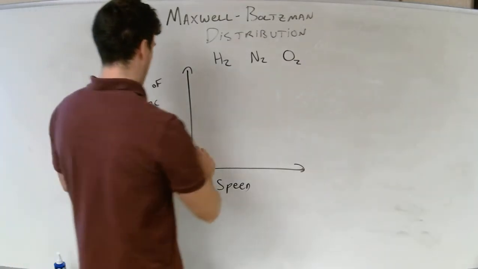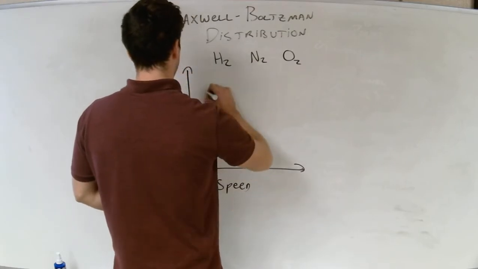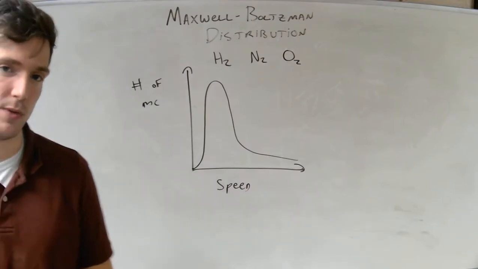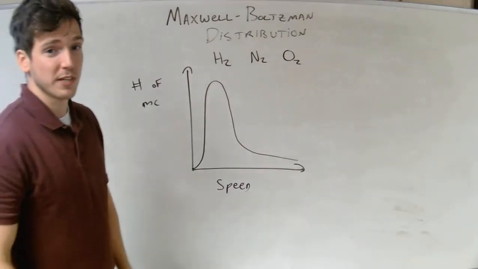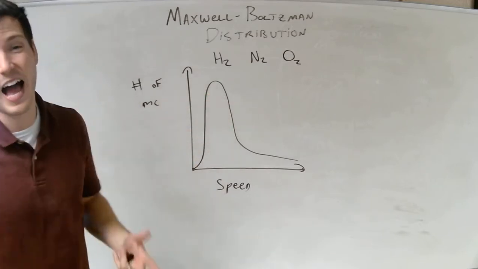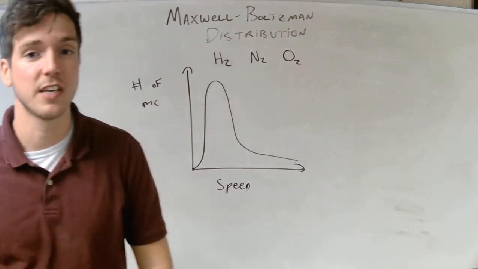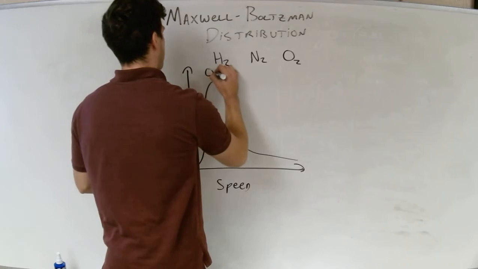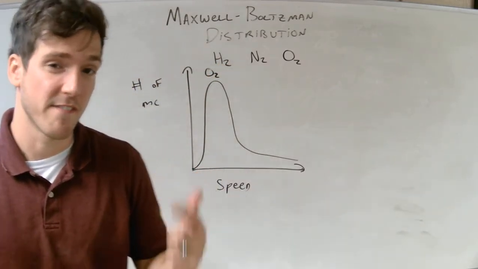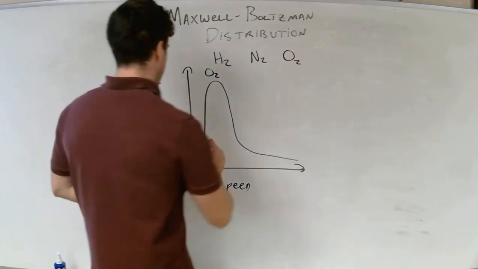I'll go ahead and draw my first curve, my tall peak. Which gas do you think that would be? I'm going to keep flattening it out as we go. This first peak, the highest peak that's furthest to the left, is probably going to be our oxygen. It's the heaviest one, so it's not going to have a very fast average speed.